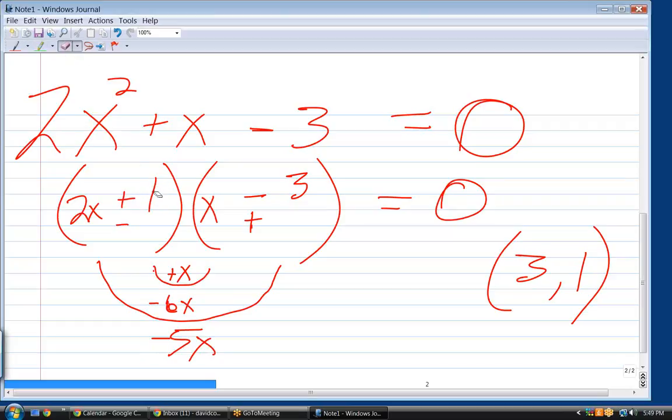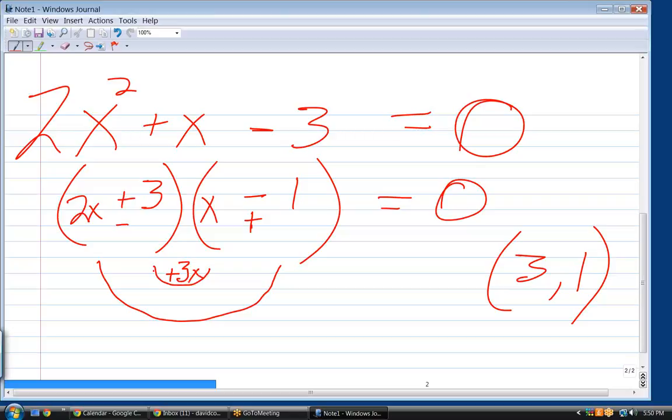So, let's swap them. Let's put a 3 there and a 1 over here. Does that produce the correct middle term? So you have 3x. And just for the sake of argument, let's show the plus sign, even though I understand that it's assumed if you leave it out.